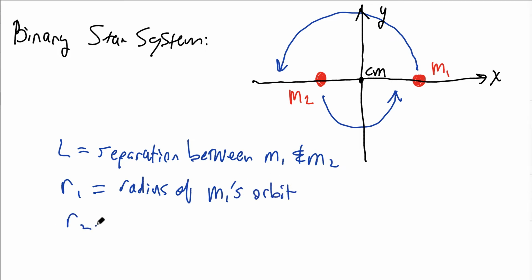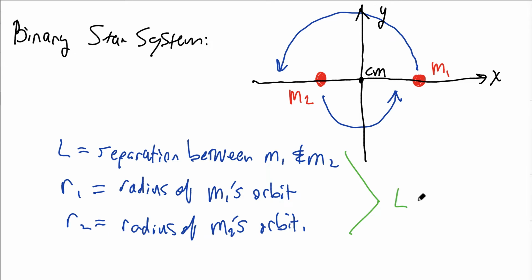And R2 is the radius of M2's orbit. Of course, L is just equal to R1 plus R2. We'll also use the common notation mu to refer to the reduced mass.